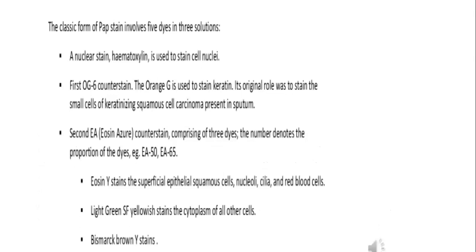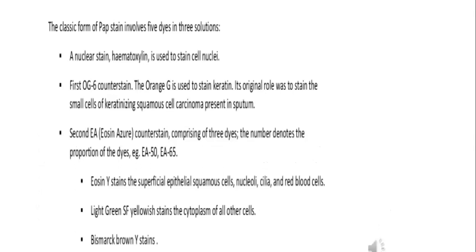Now in the next slide, we will study the dyes and why we call the PAP stain multichromatic. The classic form of PAP stain involved 5 dyes in 3 solutions. The first is hematoxylin, a nuclear stain, used to stain cell nuclei.